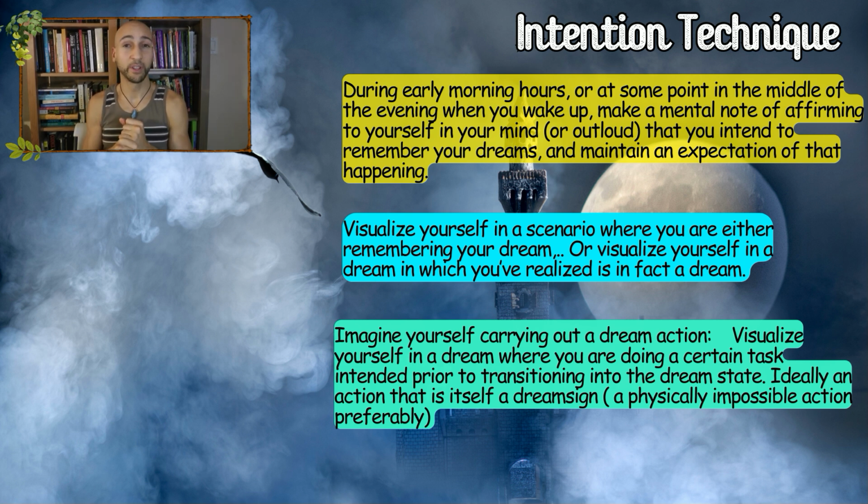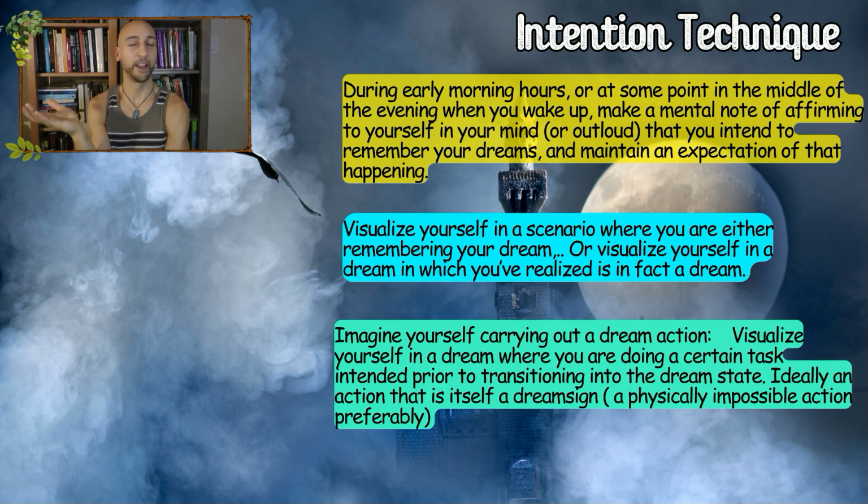And the third little step to this is with what you're visualizing, what you should also do is visualize yourself performing a particular dream action. When I say dream action, I don't mean any action that you could just as easily do in waking life, right? So don't make your dream action writing your name on a piece of paper, okay? Like, you're so boring. Why would you do that in a dream? You can do anything! So make your visualization some sort of dream action that you could only do in a dream.